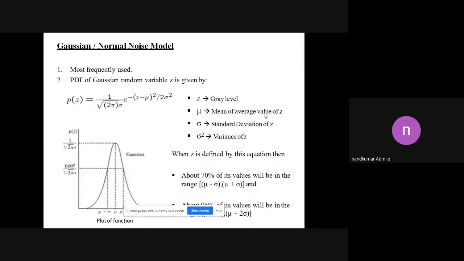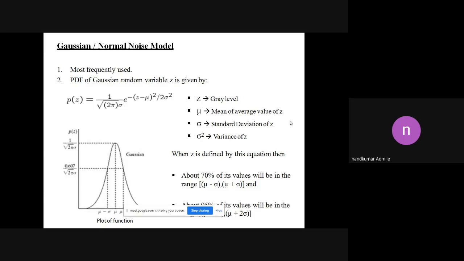We can only identify that it is affected by noise, but which noise is present we cannot tell. For that we have to simulate the image in simulation software, and after that we can understand the representation of Gaussian noise.